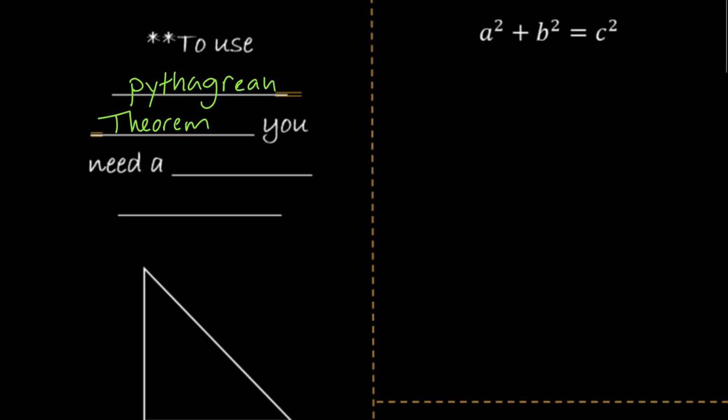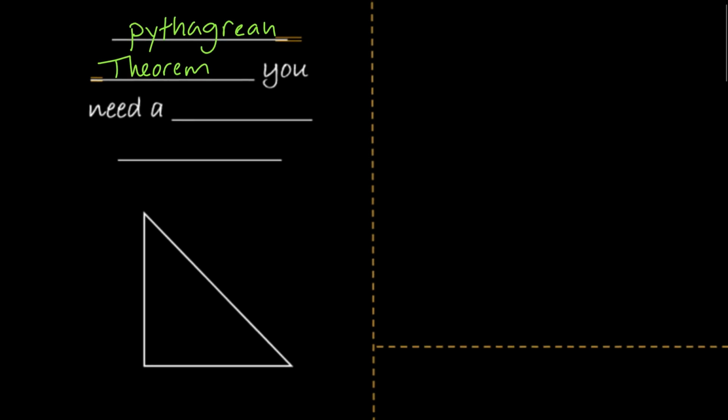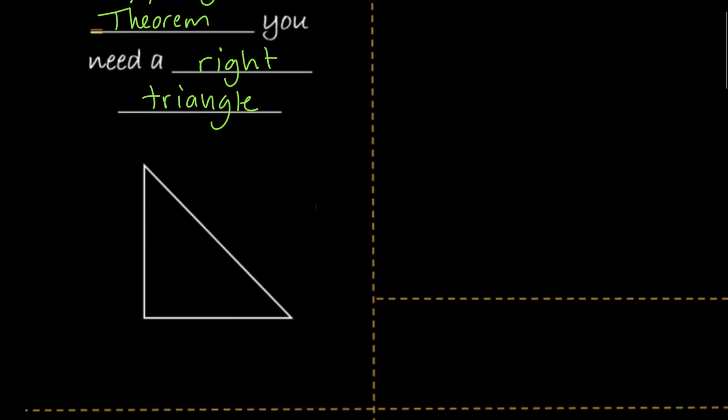There it is. A right triangle. You need a right triangle. Why do you need a right triangle? Because it's 90. Yeah, it's a 90-degree triangle, but why? Not always.